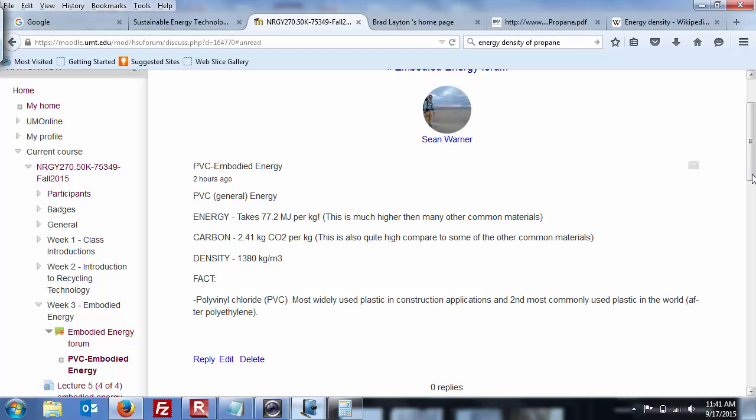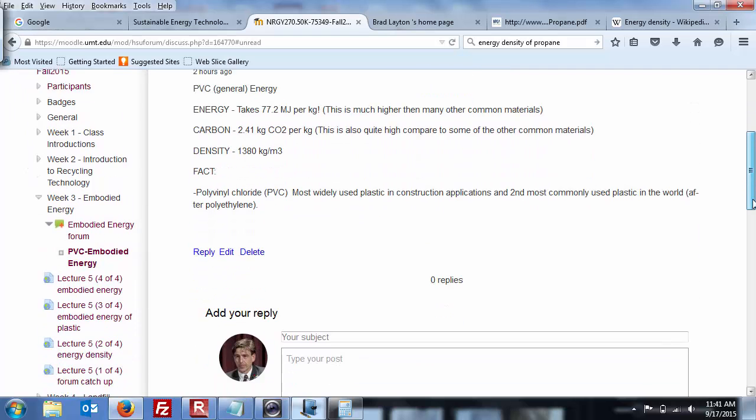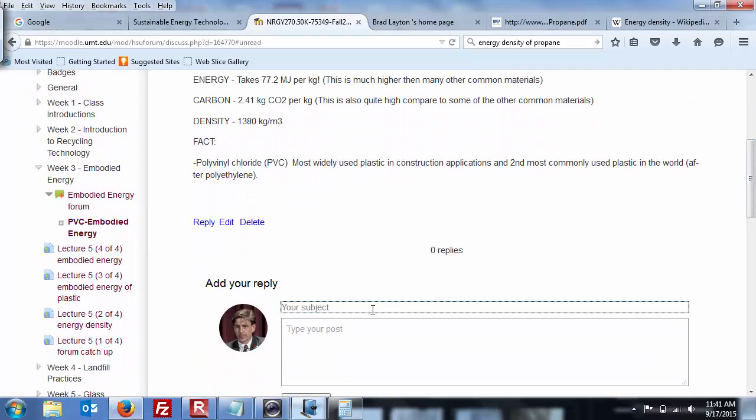From the skills from 101 and 102, you could say with that many megajoules, if you're running a gas-fired power plant at 30% efficiency, how much CO2 would come off, and you could do those numbers in a hurry. After polyethylene, yeah. So let me throw that back out to the forum, and I'll just throw it out as a little research question.